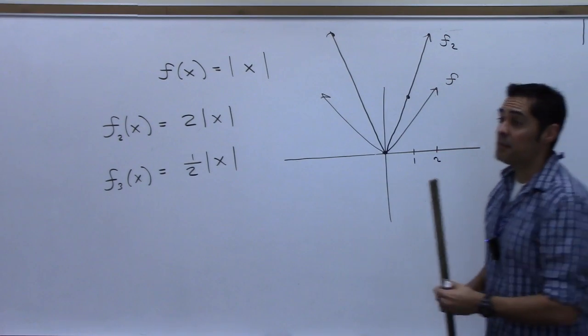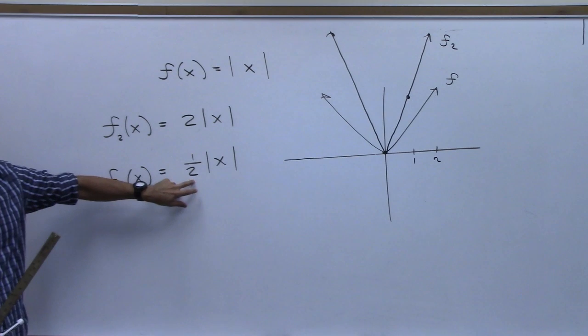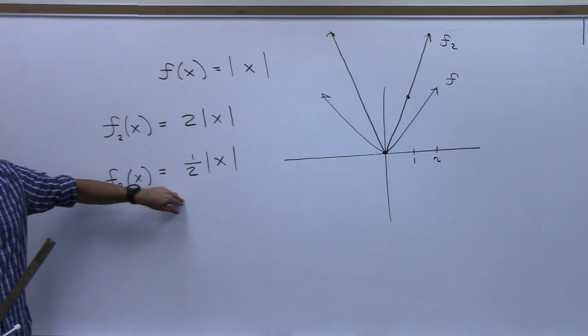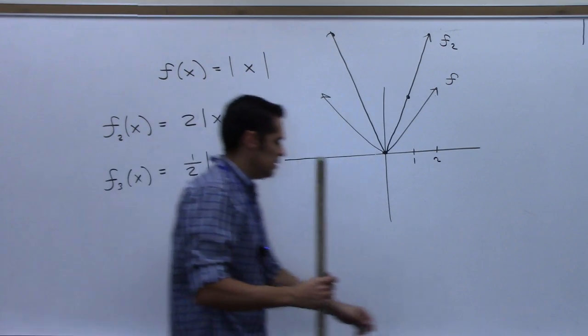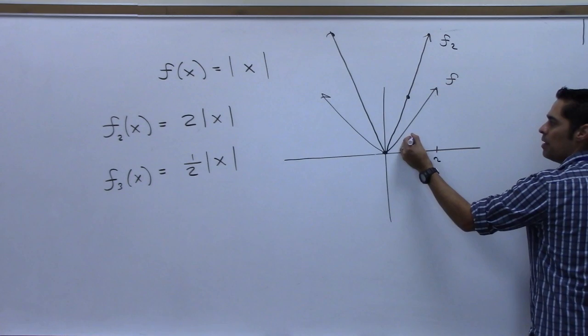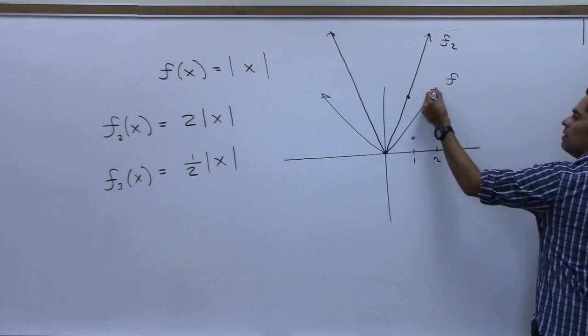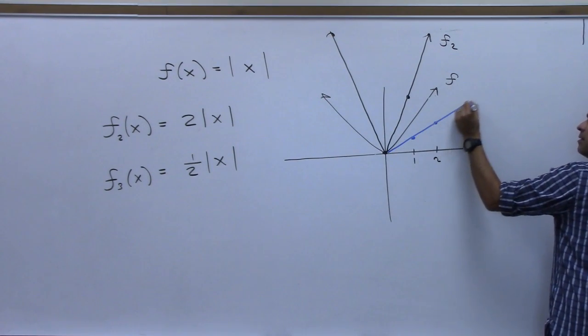Now, that's if the number in front is bigger than 1. If the number in front is between 0 and 1, what does it do? It's the opposite, right? Like if this was supposed to be a 1, now it's half of that, so we're here. If this was supposed to be 2, now it's 1, so now we're here. So it has the effect of drawing this.